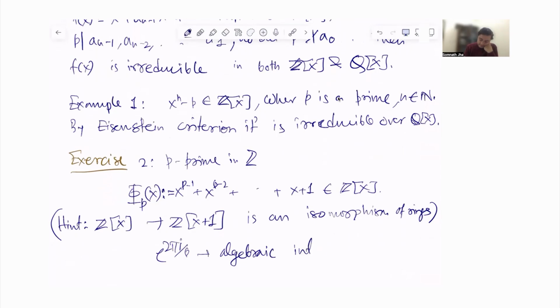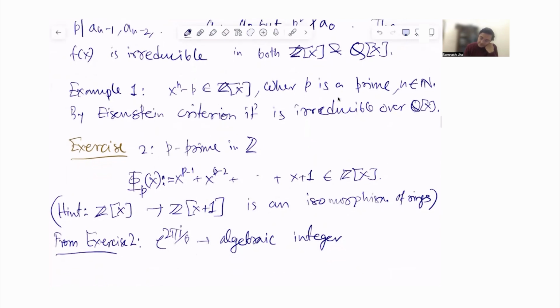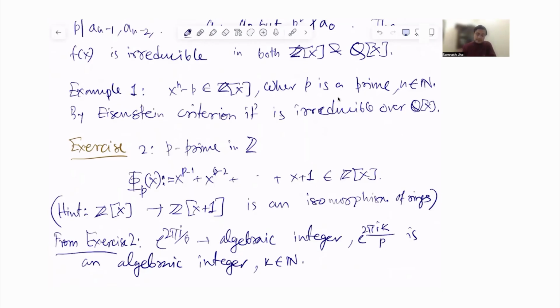The use of this exercise is a corollary from exercise 2: e to the power 2 pi i by p is an algebraic integer, and in fact e to the power 2 pi i k by p is an algebraic integer for any k in N. Of course, if k is a multiple of p, then you can reduce it to this case.